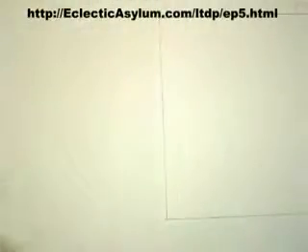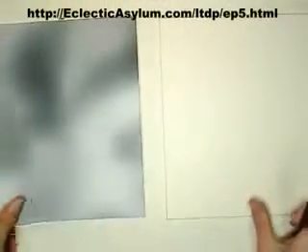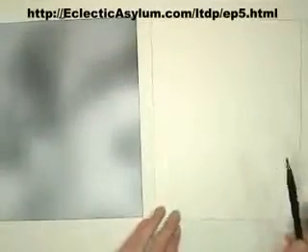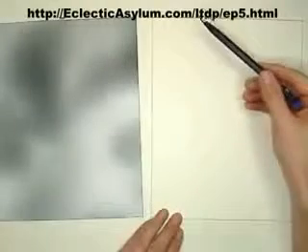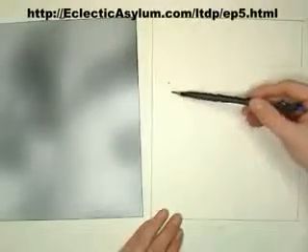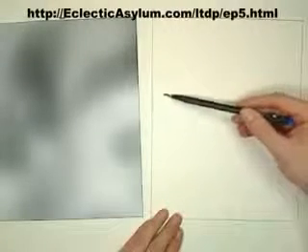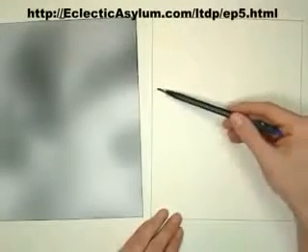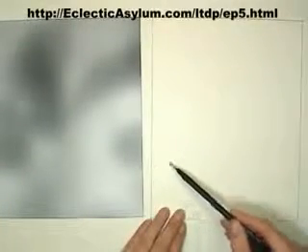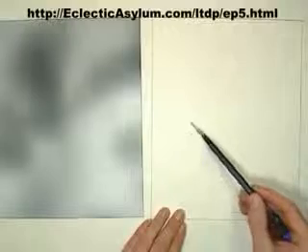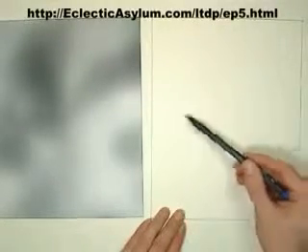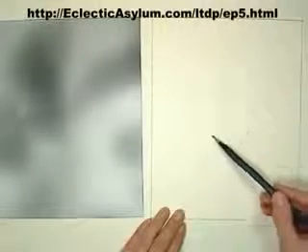Now I'm just going to set this aside. Now the reason we're getting a rough value here is that we want to start out lighter. So we can either just sketch in this shape, or you could just start shading it in.